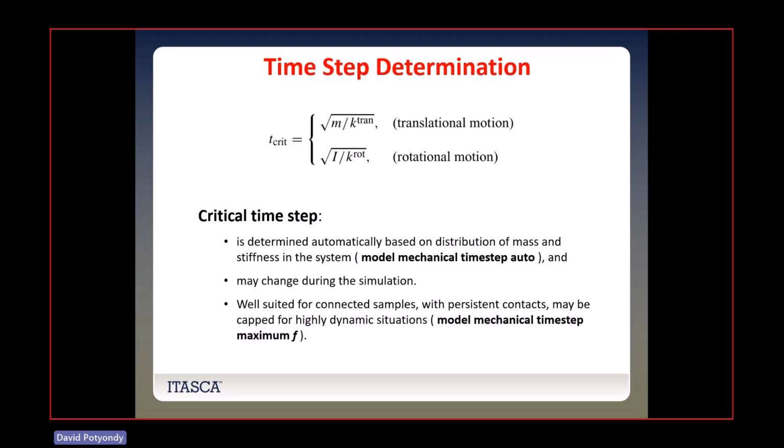You're going to take that fishing rod and you're going to shake it and it's going to start to vibrate. Okay. The stiffer that rod is, the faster it's going to vibrate. And so if it's vibrating faster and you want to track that motion, you have to take smaller time steps. Okay. And so that's why the stiffer it gets, this is the denominator. The stiffer it gets, the smaller the time step is. And similarly to the mass, if you added mass to that thing, it would shake slower. And so thus you could take bigger time steps. Okay.